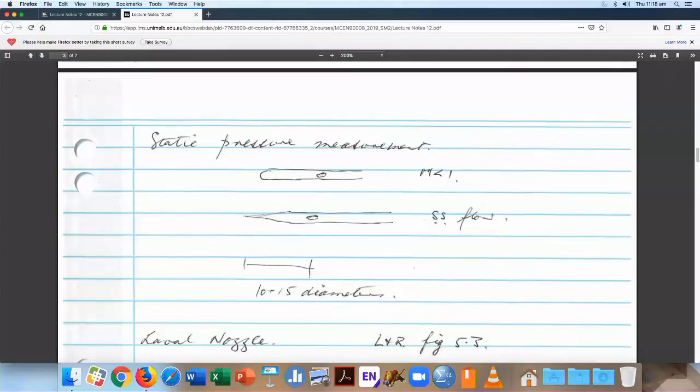And if you turn the flow by a very small angle, then the shock is very weak. And if the shock is very weak, we know from what we've studied already about shock waves that they're essentially isentropic.